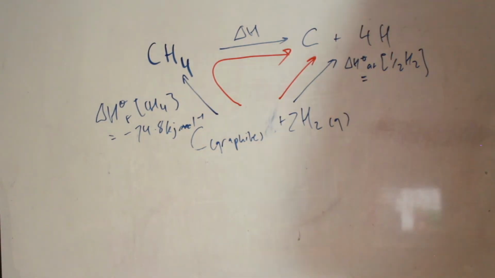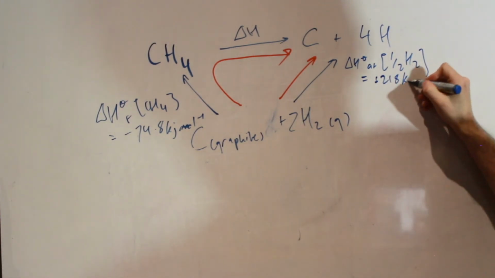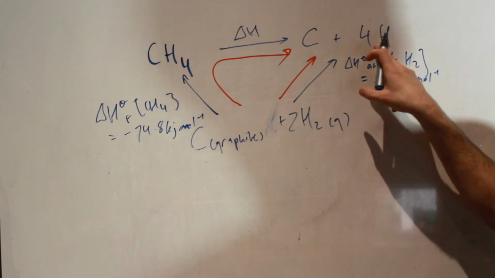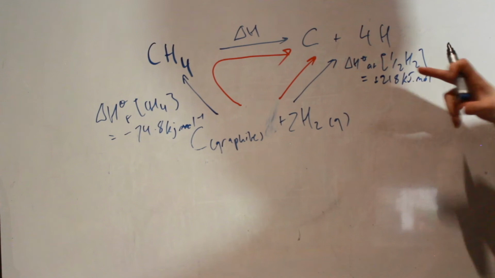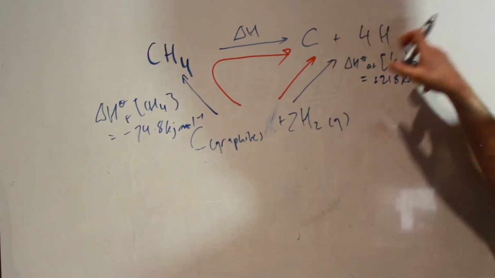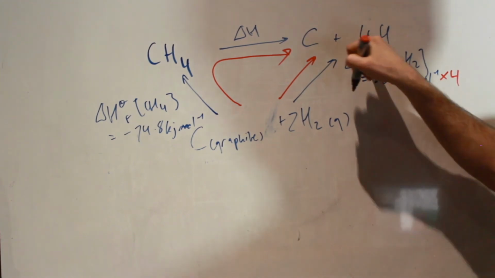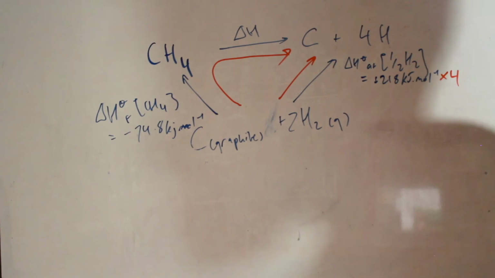That was given a value of plus 218 kilojoules per mole. But I've got 4 hydrogens. So if I'm given the value for half H2, which is essentially the value for 1 H, but I've got 4 H's that I'm atomizing, I've got to multiply this value by 4 because of the mole ratio. Remember that the mole ratio affects how many of the delta H's you will have. So you've got to multiply that.